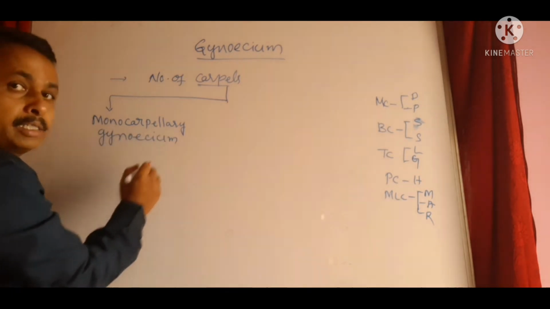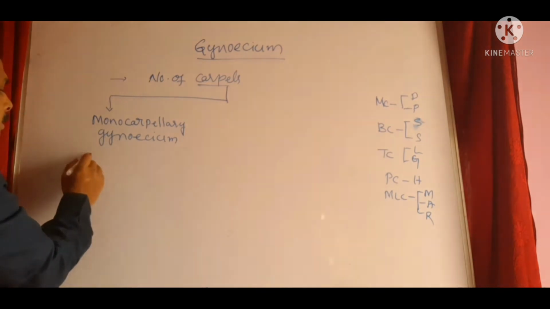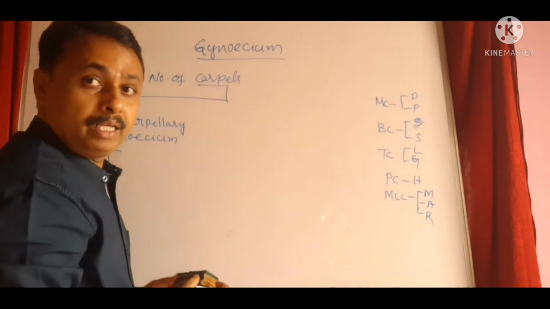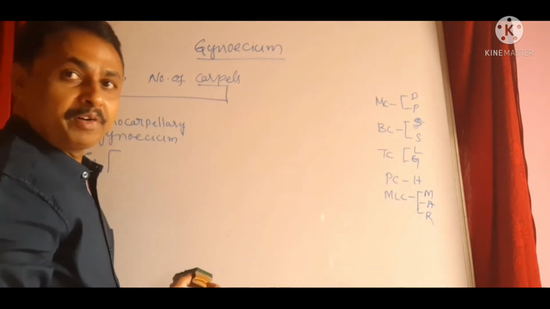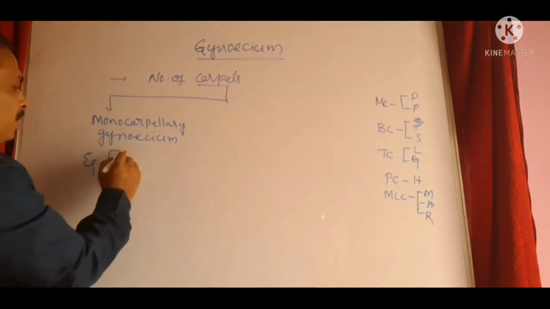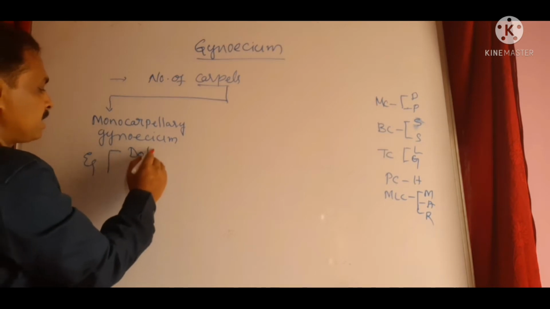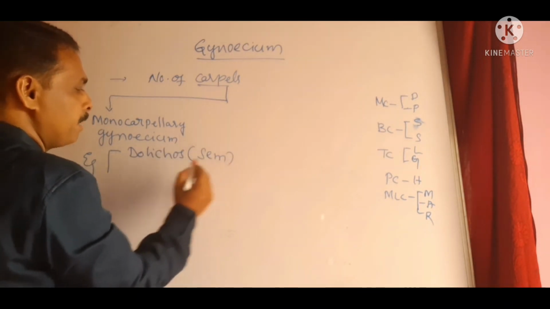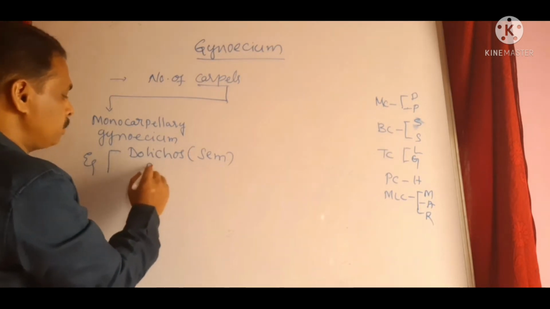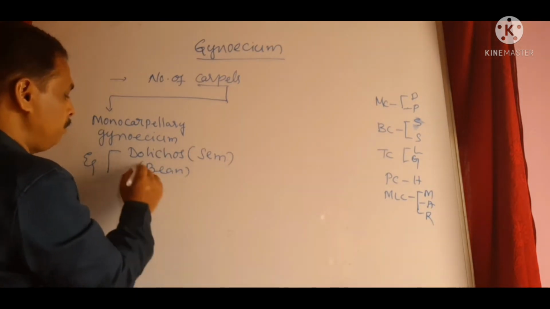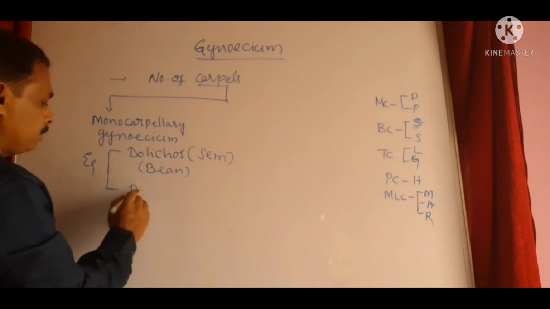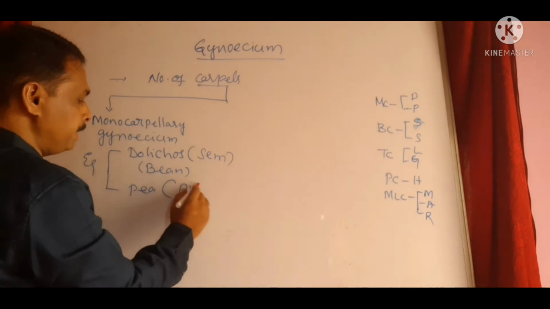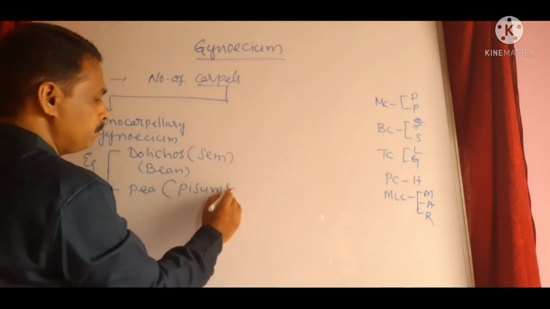The example DP: D for Dolichos, which is commonly called bean, and P is botanically Pisum sativum.